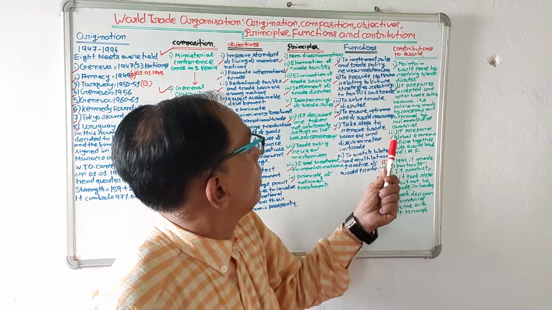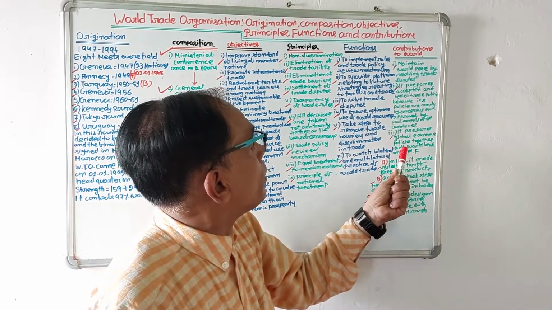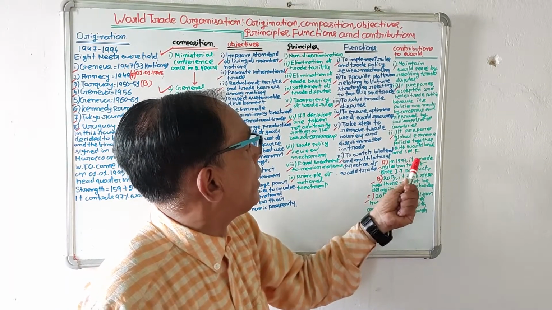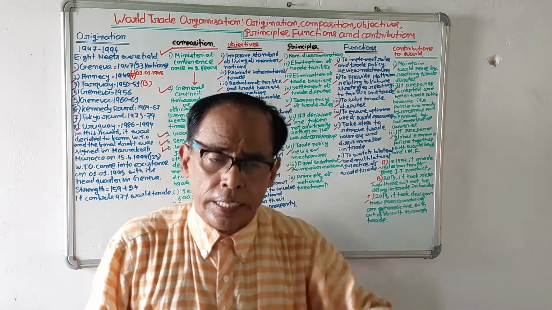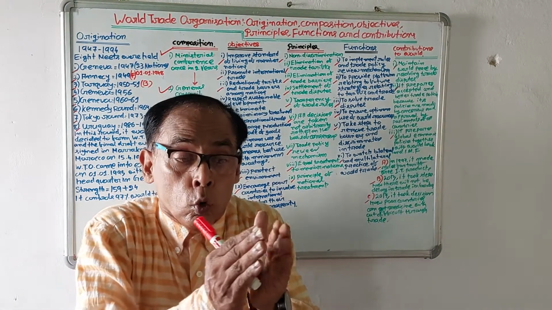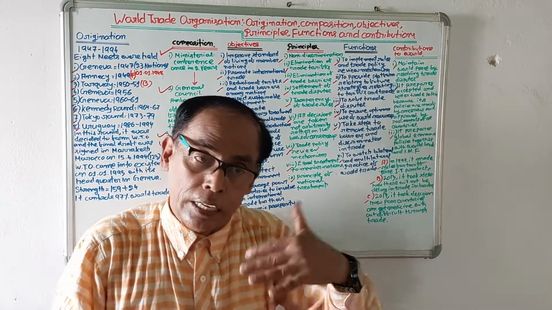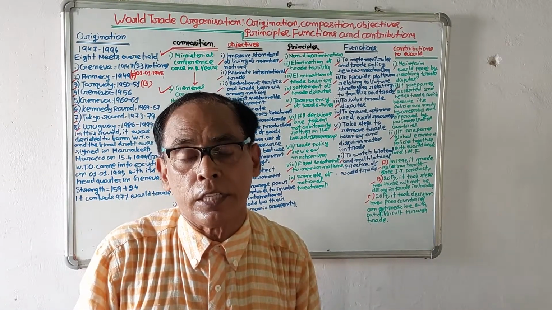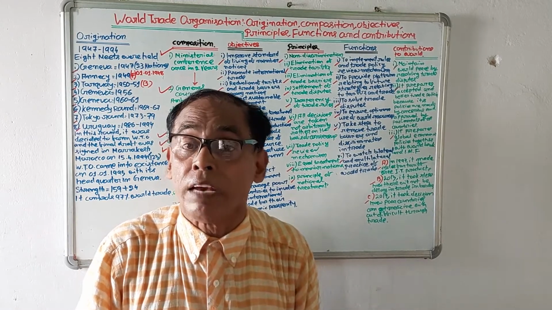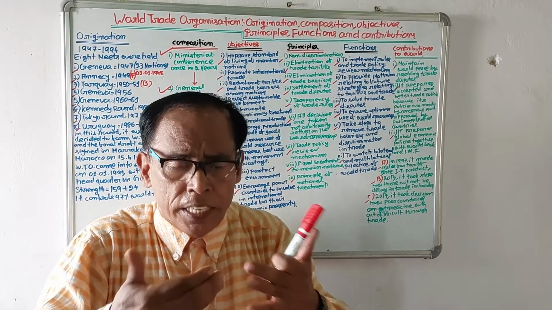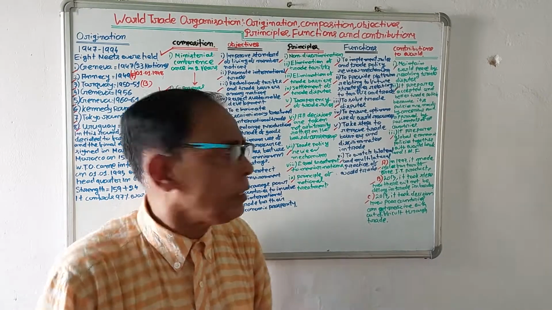Number 3, it prepares global economic policies together with World Bank and IMF. Another contribution is that it has prepared global economic policies for all in association with World Bank and IMF. And what major contribution it has at present?